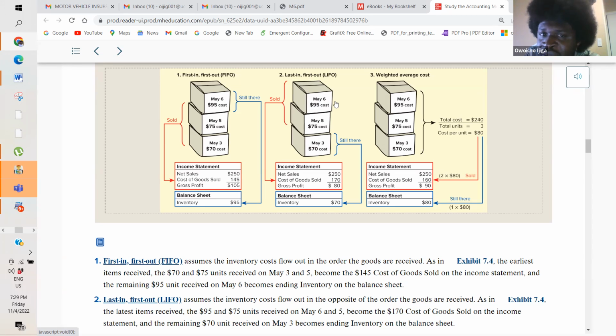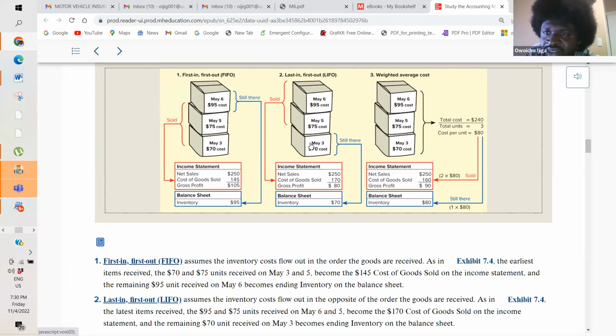So the last in is on May 6th and the first in is on May 3rd, because the May 3rd inventory came in before May 6th. So the last in will be the first to leave. That means I will sell the ones I bought on May 6th and the one I bought on May 5th before I sell the one on May 3rd.